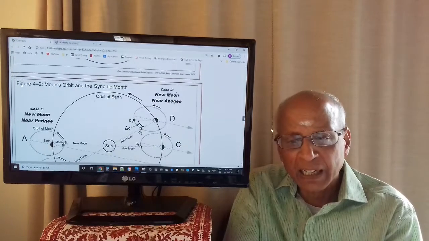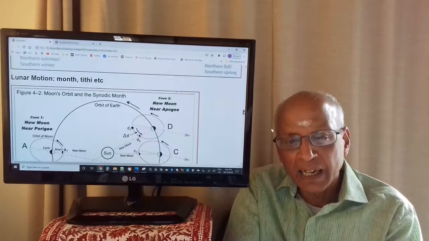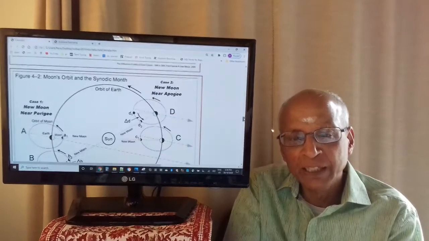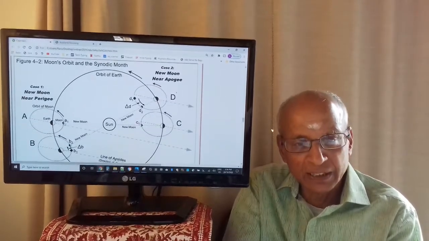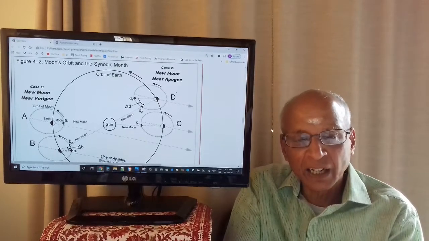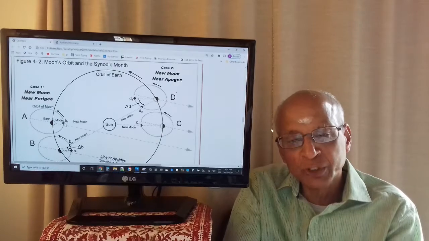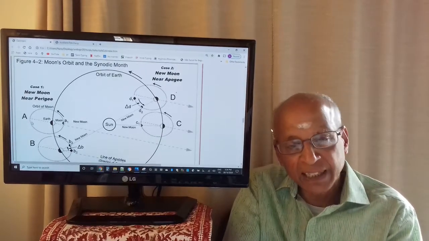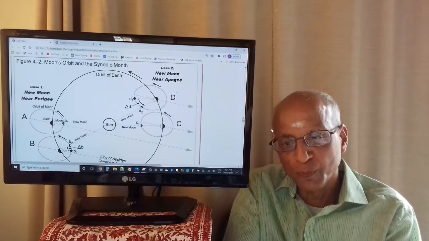Similarly, there is new moon near perigee and new moon near apogee. When the moon, sun and earth are in the same line and the moon comes here, it is new moon. In the same way, if it is on the other side, it becomes a full moon.